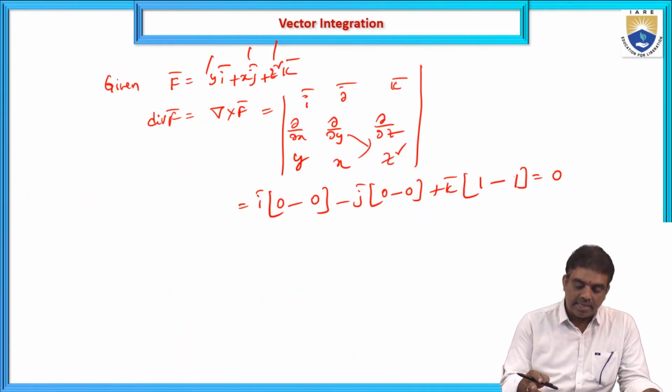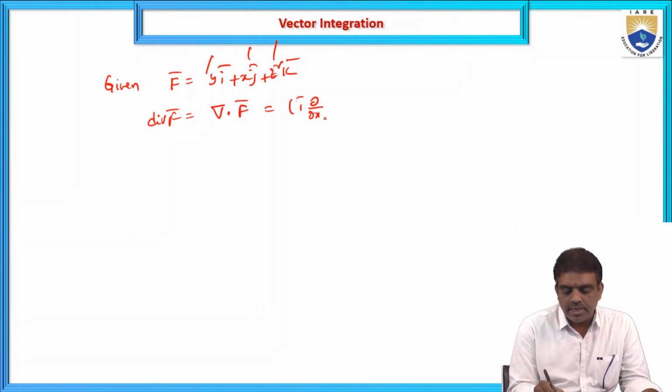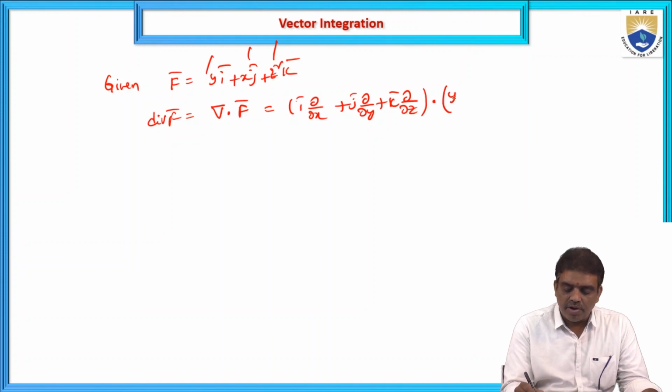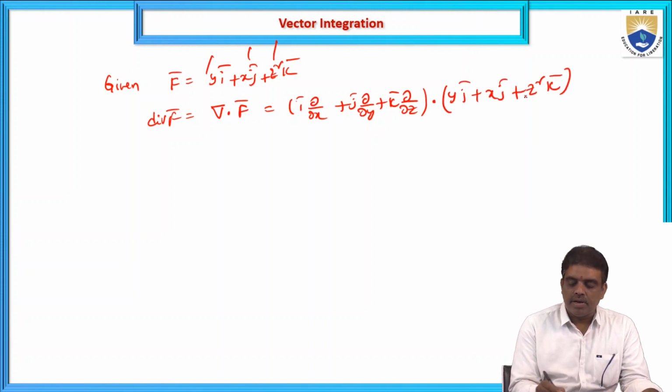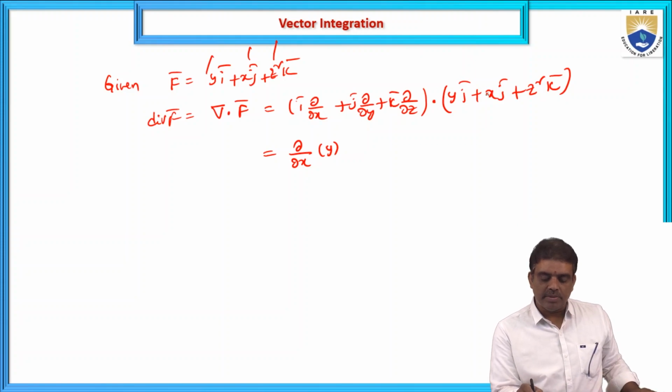So I have calculated curl f bar. Div f bar means what? Del dot f bar, that is i bar dou by dou x plus j bar dou by dou y plus k bar dou by dou z, dot y i bar plus x j bar plus z square k bar. That is i bar dot i bar is 1, dou by dou x of y is the first term. The remaining i bar dot j bar, j bar dot k bar, i bar dot k bar are 0.